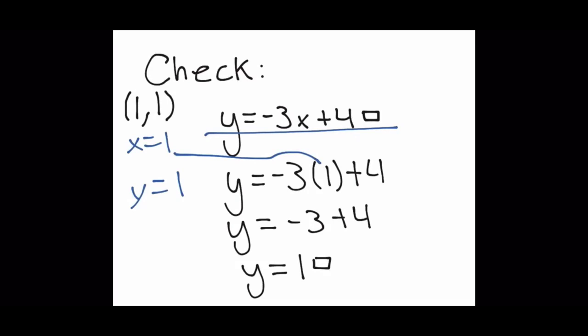Negative 3 times 1 equals negative 3, so we would leave it at y equals negative 3 plus 4. And negative 3 plus 4 equals 1. So y equals 1, which checks out with the coordinates. So our equation is right.